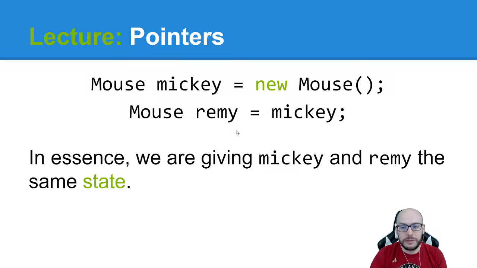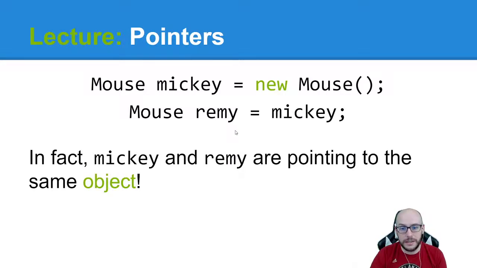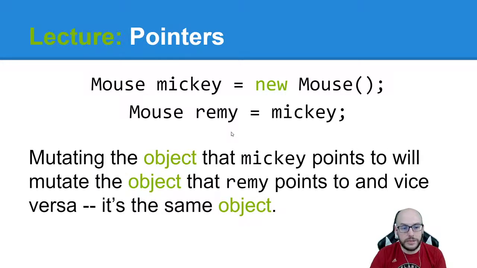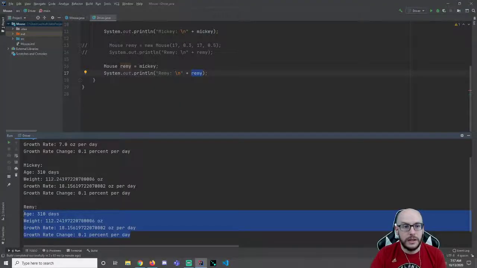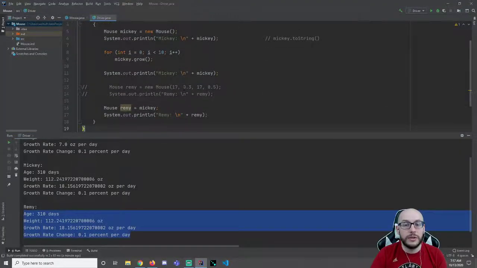In essence, we're giving Mickey and Remy the same state. In fact, Mickey and Remy are pointing to the same object. Okay, here's where it gets interesting. Mutating the object that Mickey points to will mutate the object that Remy points to, and vice versa. It's the same object. In the situation I'm in now, I've got two variables pointing at one object.